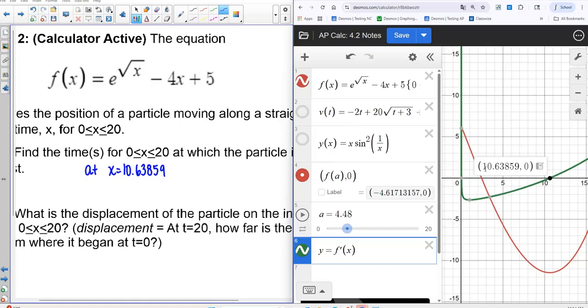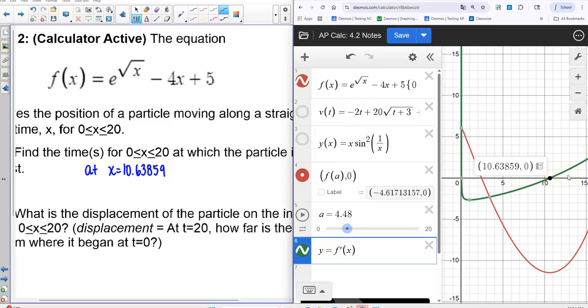So we could either look at the velocity being 0, or we could look at the minimum point of that function. Also, when our velocity equals 0, that's a critical point for position, right? And our velocity changes from negative to positive, right?